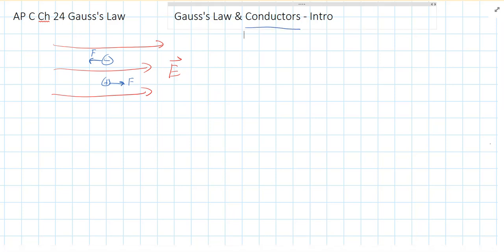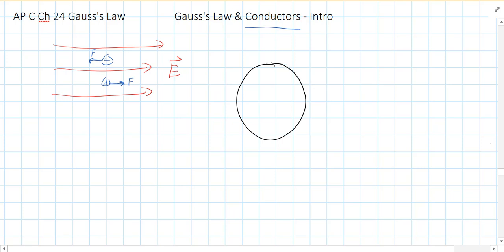So for instance, let's say I gave you a solid metal ball, and at some instant, I filled it up with negative charge, so inside and out, it's full of negative charge. These charges would make an electric field pointing inward, and I'll draw that.